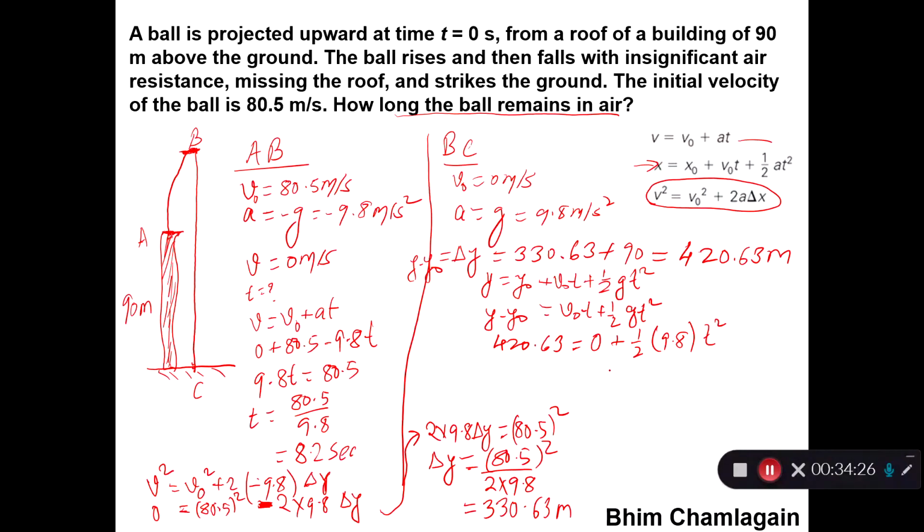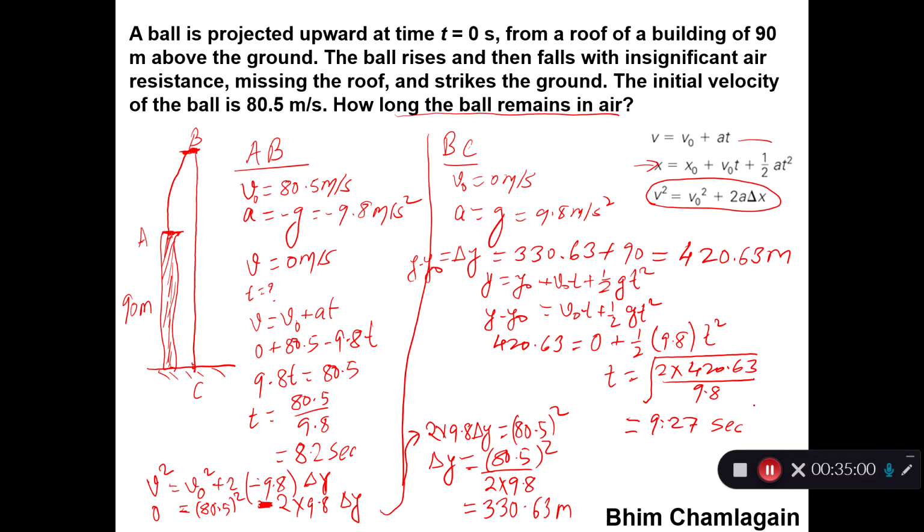If I solve for t, I get the square root of 2 times 420.63 divided by 9.8, taking the square root on both sides. On my calculator I got 9.27 seconds.